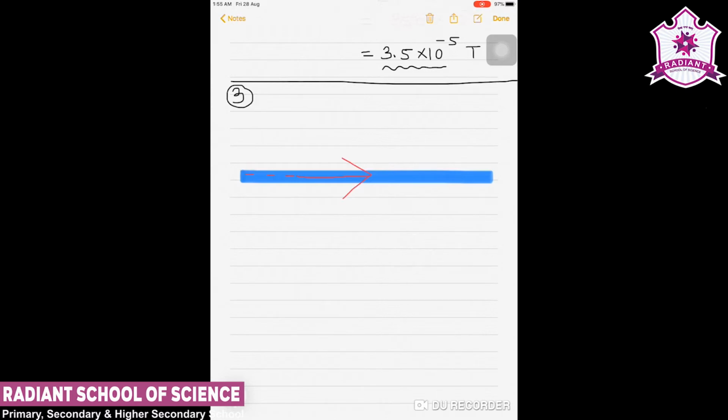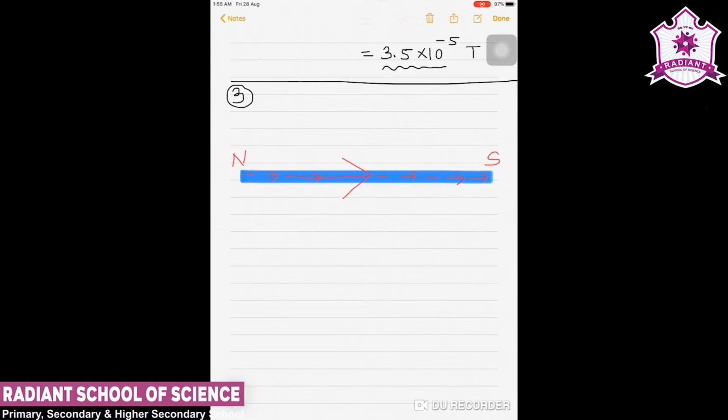So suppose this is the north part of the wire and this is the south part of the wire. So current is flowing from north to south, as per the information.